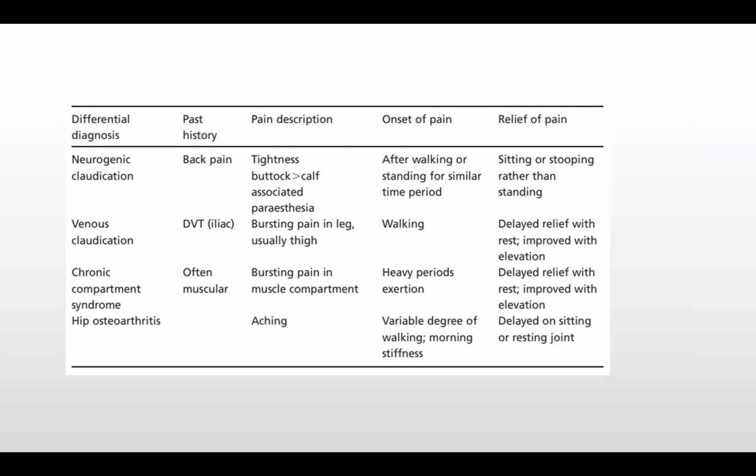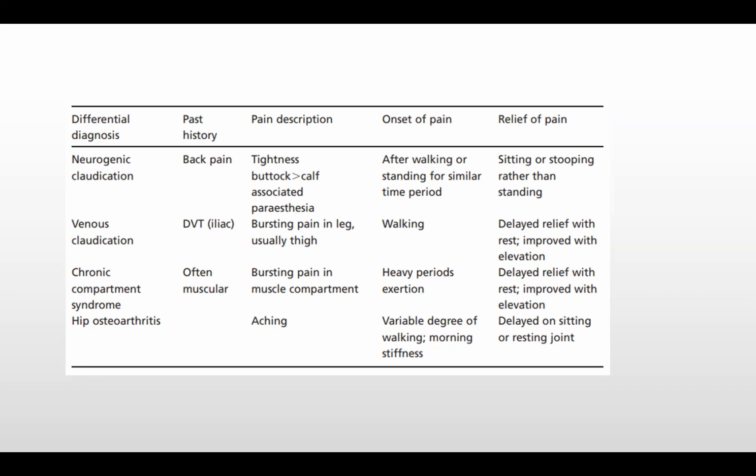Coming to differentiation between neurogenic, venous, and other claudication: in neurogenic claudication, the patient will have a history of back pain, and the most common pain description will be tightness in the buttocks. Pain will come after walking or standing for a similar period of time, and relief will be on sitting or stooping rather than standing. In venous claudication, the patient will have a history of DVT, and there will be bursting pain in the leg, usually in the thigh, with onset on walking.